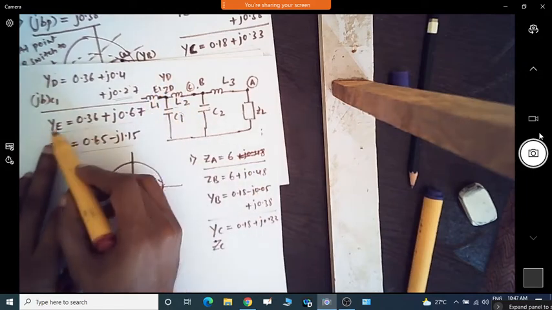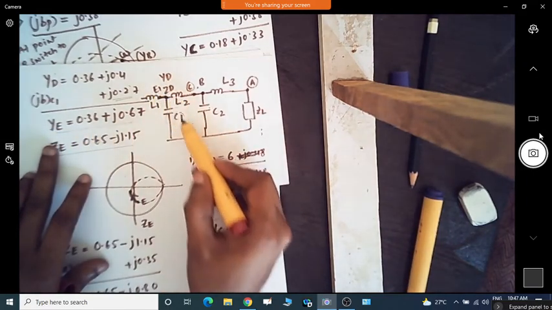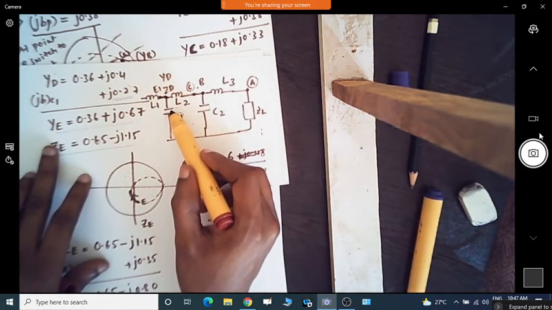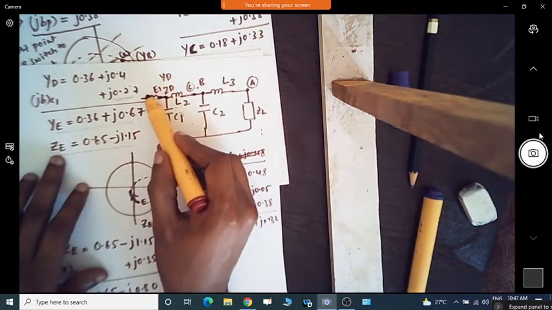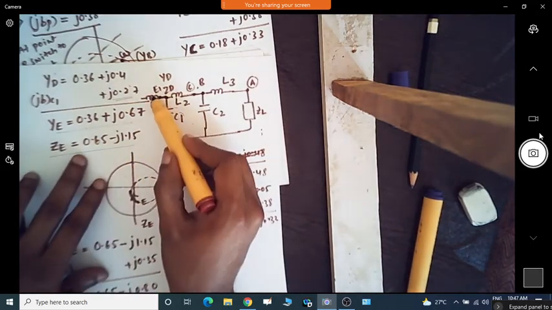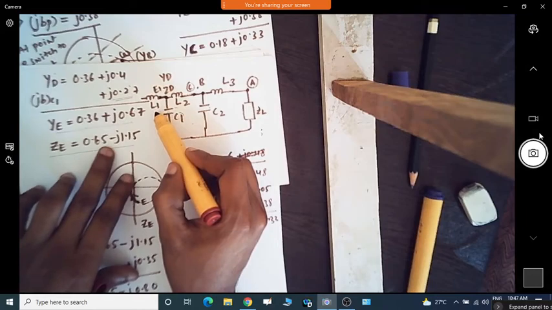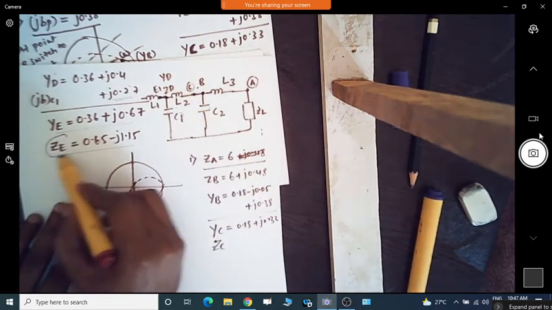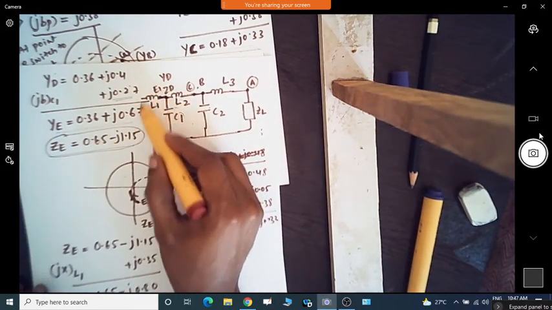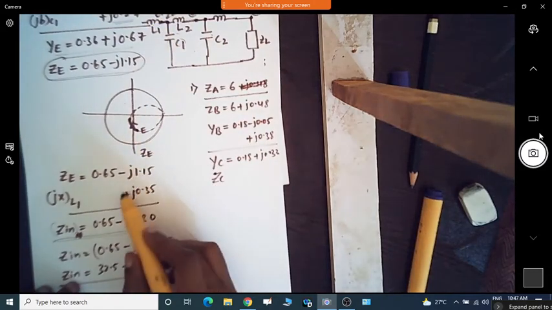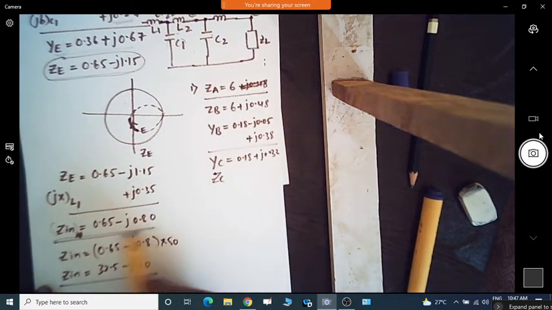At E, we find the admittance after adding the capacitive susceptance. Again we find the impedance value at point E, since we need to add the reactance of the inductor. Now you need to add the reactance of the inductor L1. Finally we are going to get the impedance.